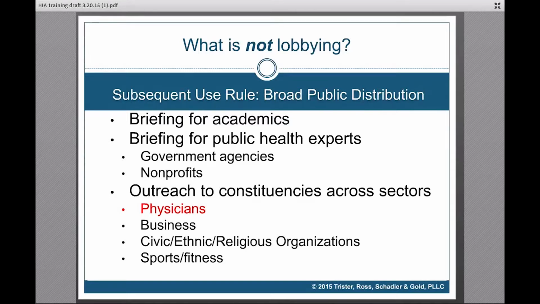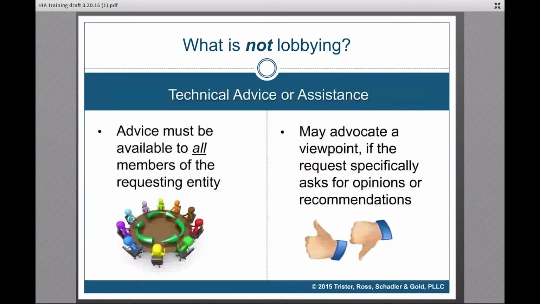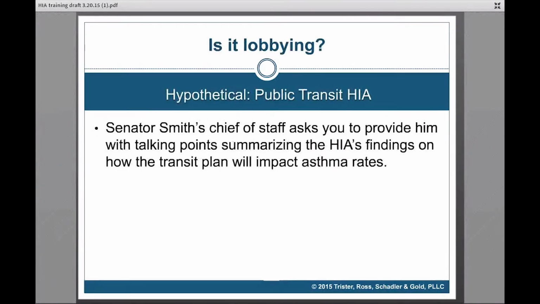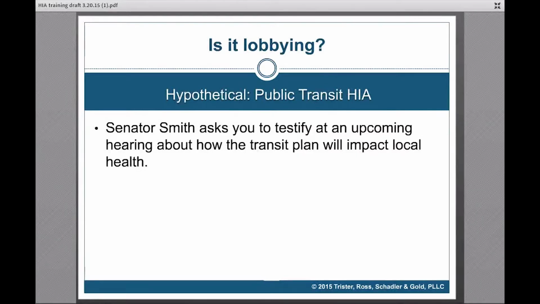But you'll already have spent so much time getting up to speed on the issues, because you're already an expert on the issues having written the HIA, that it won't require a very significant outlay of lobbying dollars to go and meet with some legislators. So that gives you a way of maximizing your lobbying funding and stretching your non-lobbying dollars farther.